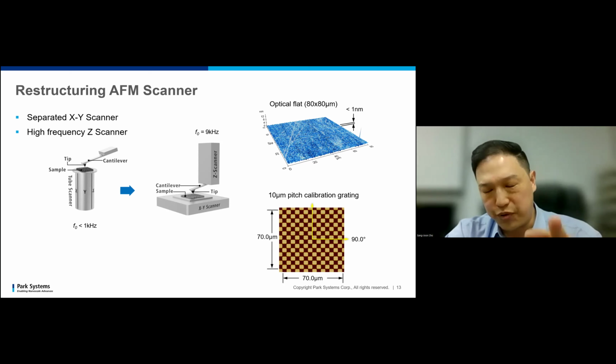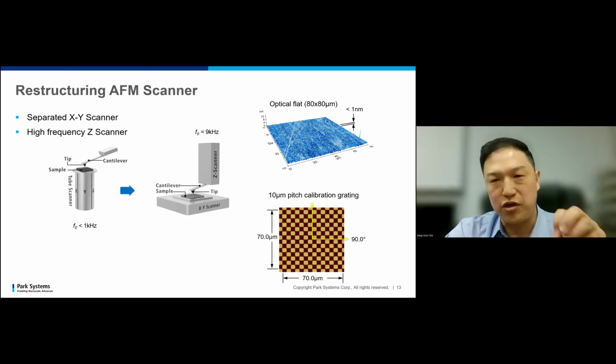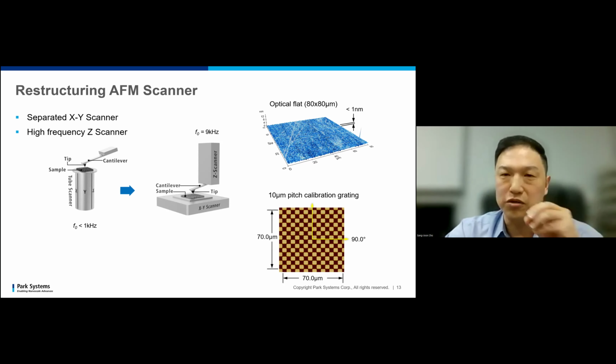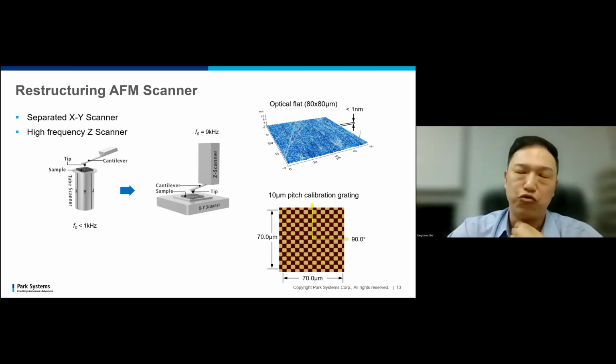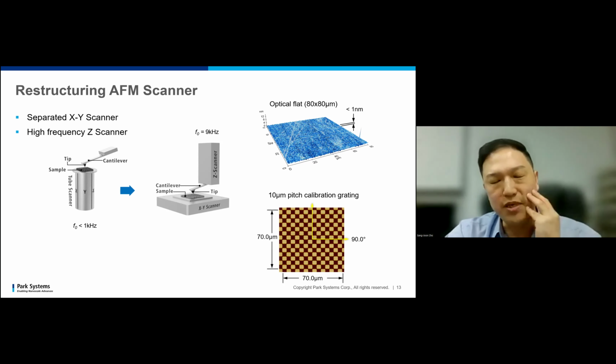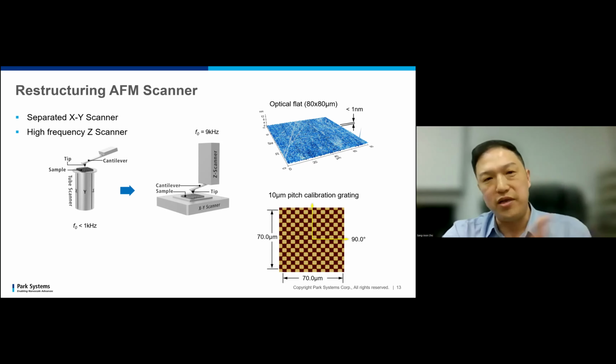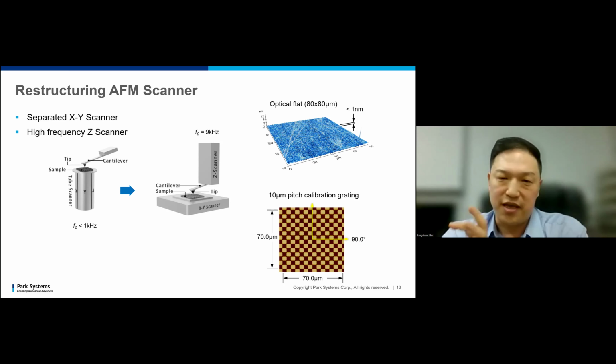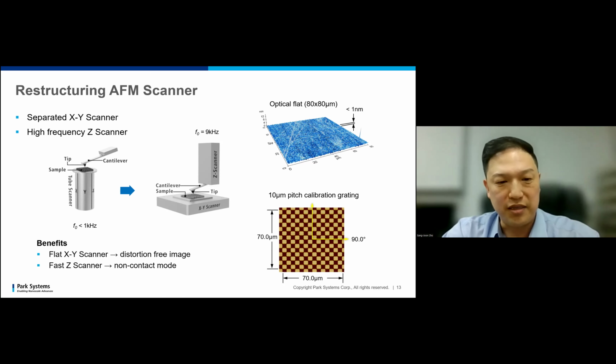This is actually very important, because about 2 months ago, when we imaged at high resolution at the nanometer level, we found our measurement actually correlates with the theoretical model. So this proves that this design works.